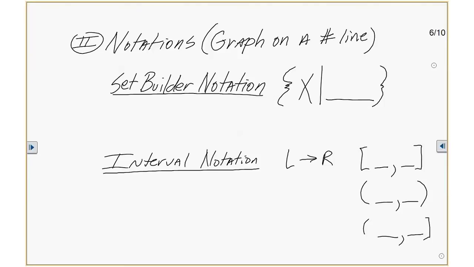It can be a mixture of any of those. But you're going to put where it starts and where it ends. Which one do you think is most used? Well, most teachers use interval notation because it's simple. You read the number line from left to right, and whatever you read from left to right, that's what you put.